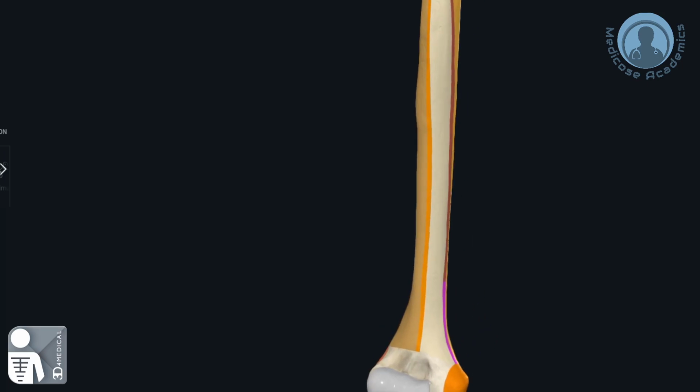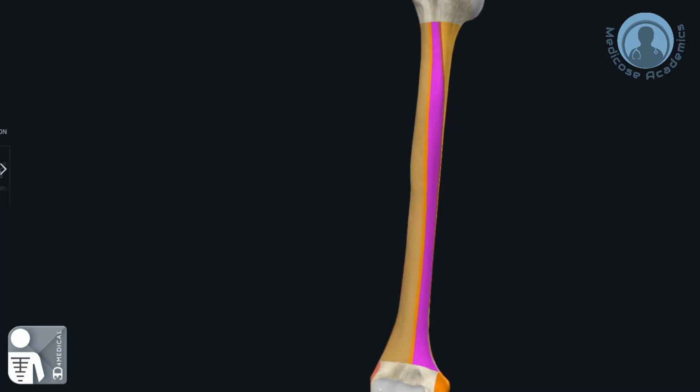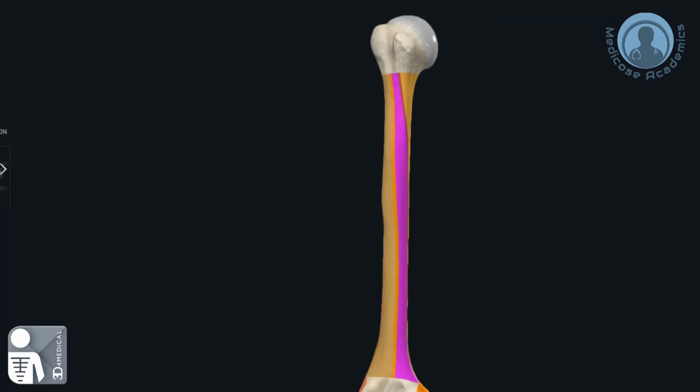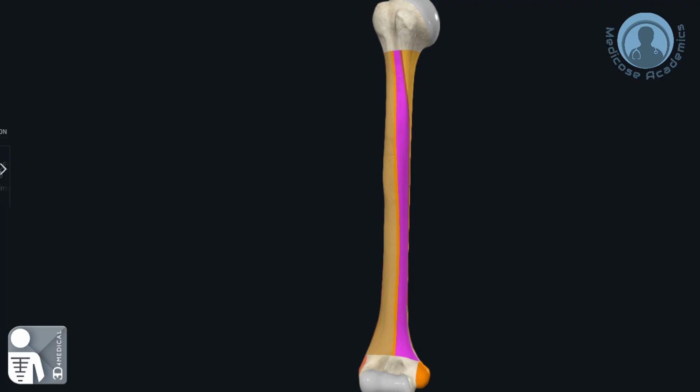And between them are the three surfaces. The surface between the anterior and medial borders is the anteromedial surface. As you can see from the top, it basically makes the floor of the bicipital groove or intertubercular sulcus, and as it goes down it spirals away to the medial aspect of the bone.